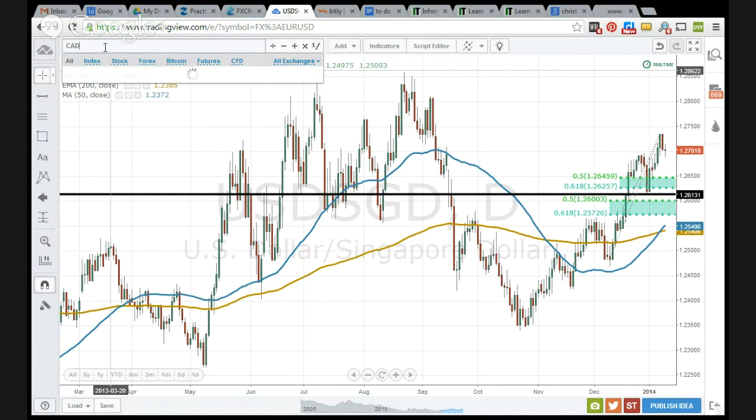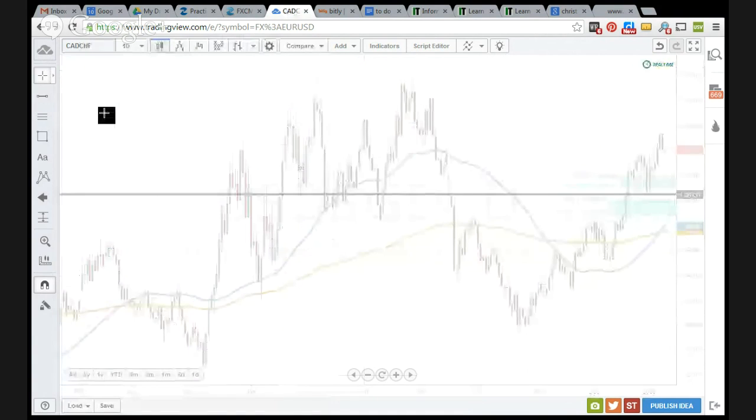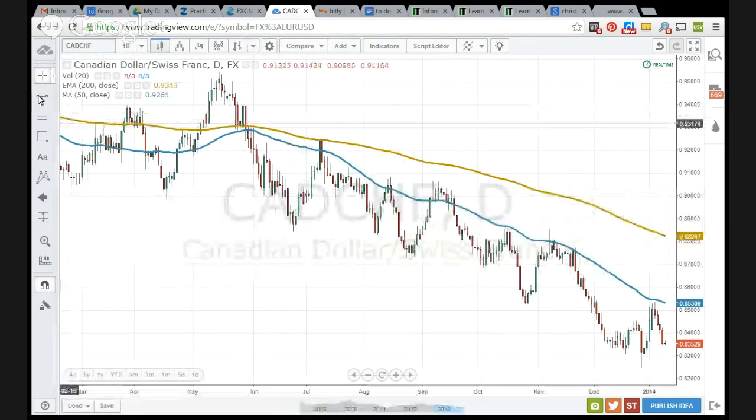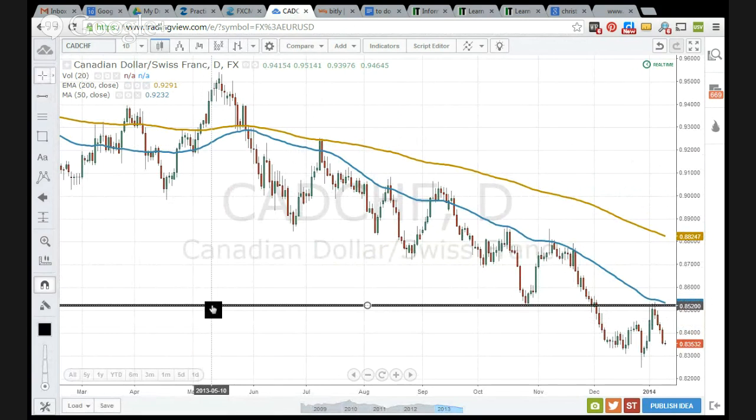Okay, let's go to Canadian dollar, CAD Swiss. Yep, still same situation. Let's at least draw that line. And I did have an entry order on after this candle. So this candle closed right here at 84.73.